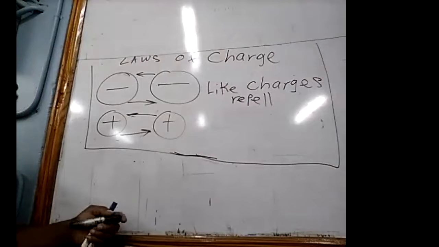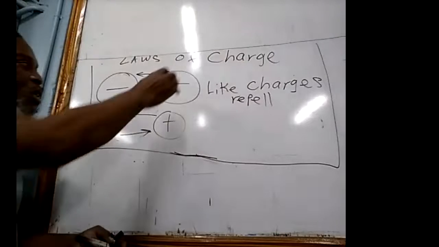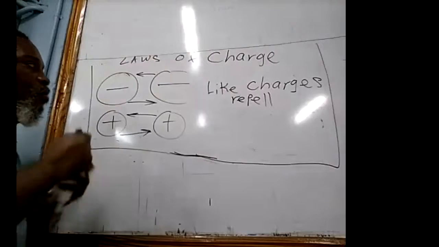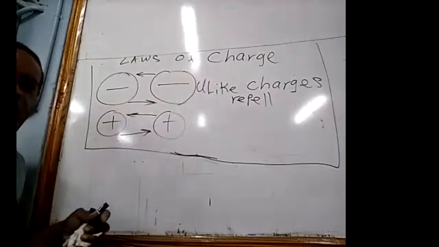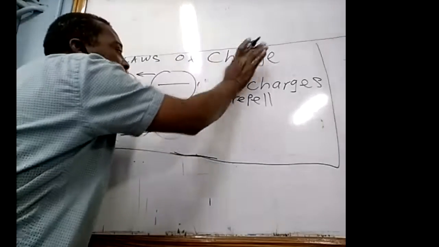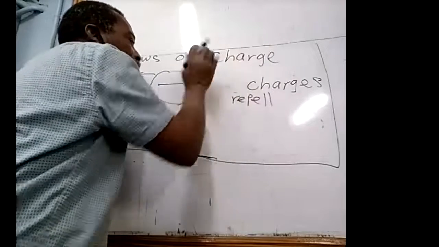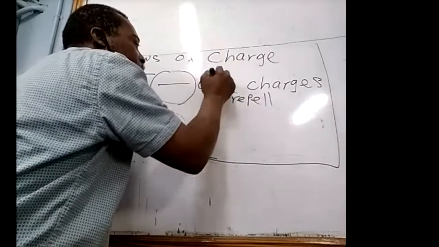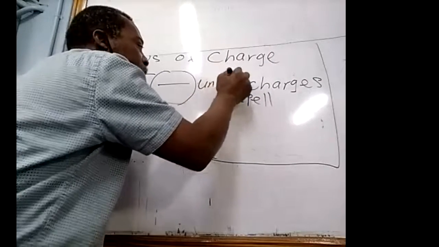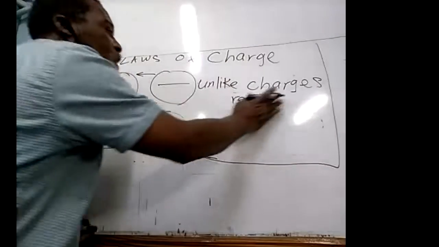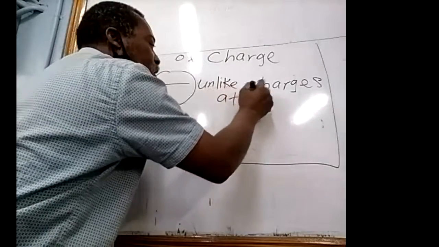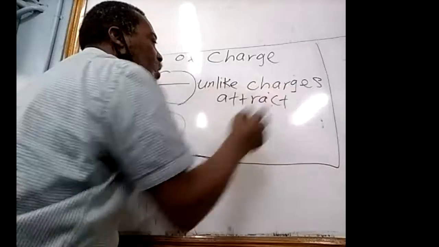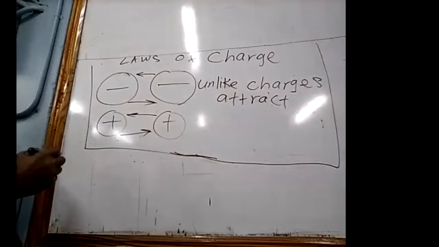Alright? So we're going to do something else now. I'm going to put another little U on this. What did I say now? Unlike charge, U-N, L-I-K-E. Unlike charges attract.